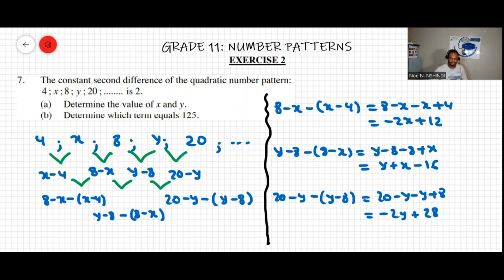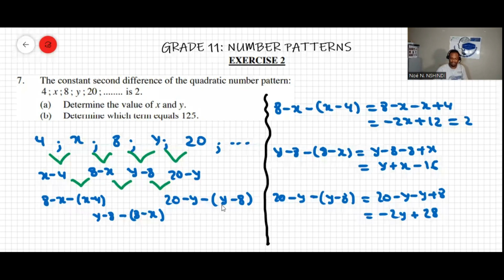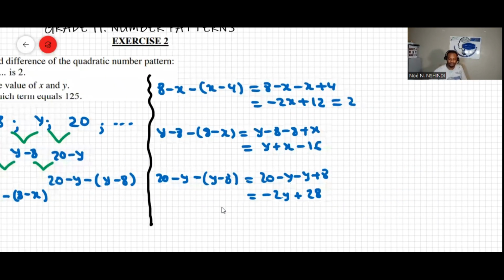Now the question says that all this is equal to 2. I just work out this, and then this is equal to 2. So negative 2x plus 12 equals 2. Minus 12 both sides, negative 2x equals negative 10, and dividing by negative 2 both sides, x is equal to 5.